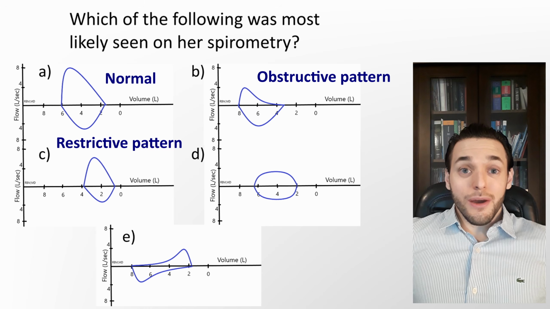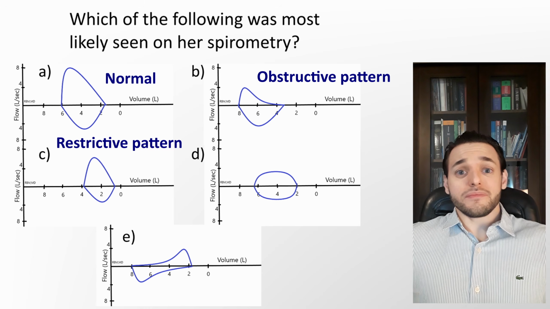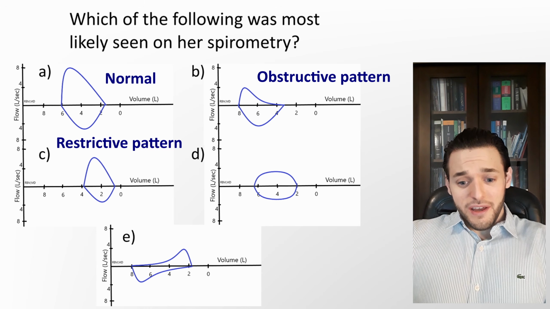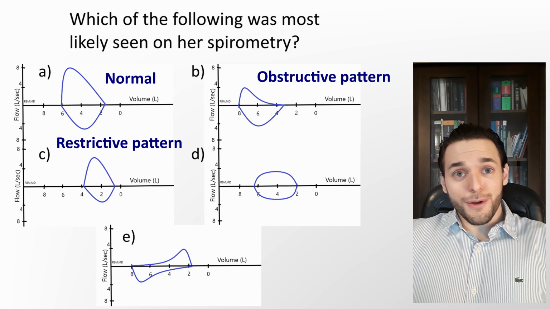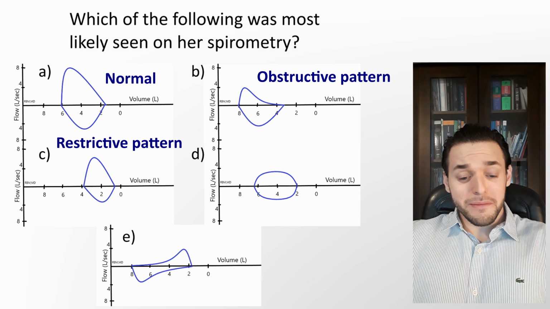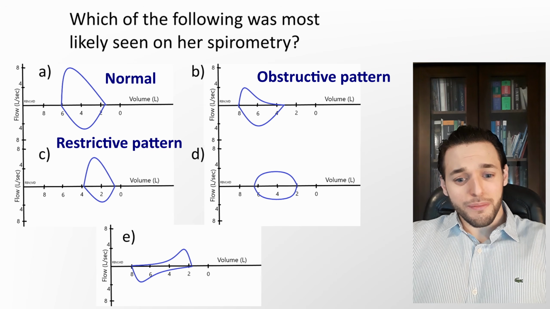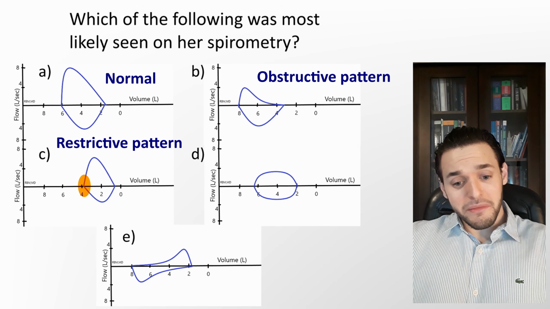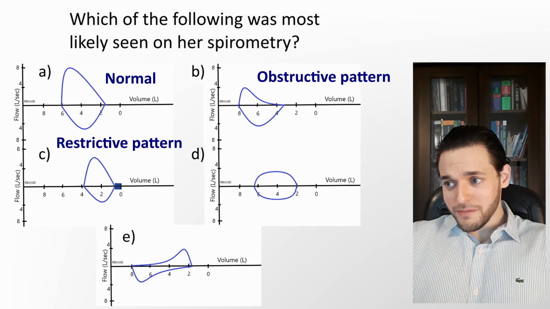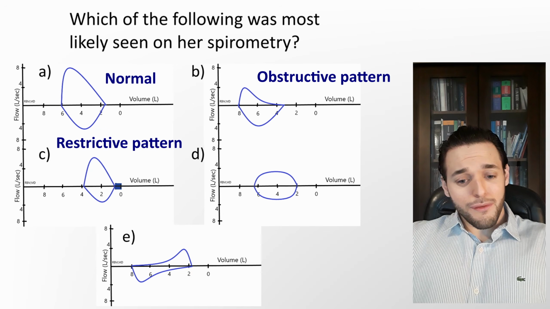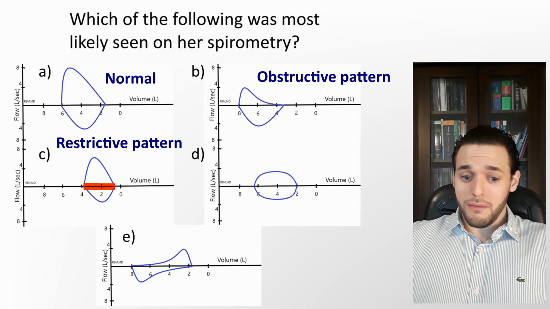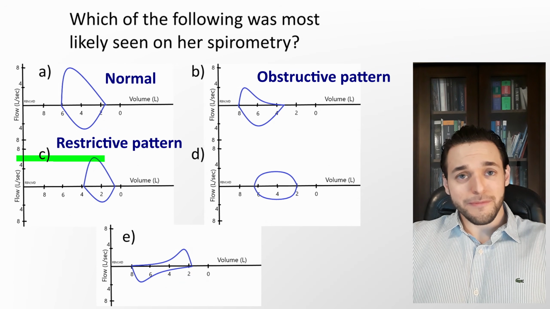And so here we have what we're looking for. Our answer here is C. We have in sarcoidosis a restrictive pattern, which is being shown on the spirometry by decreased total lung capacity, decreased residual volume, and decreased vital capacity, but pretty much normal flow.